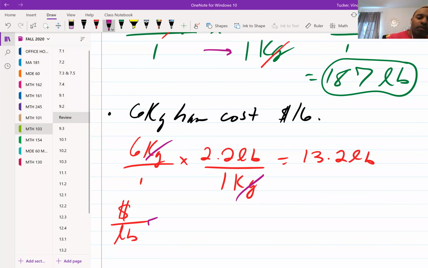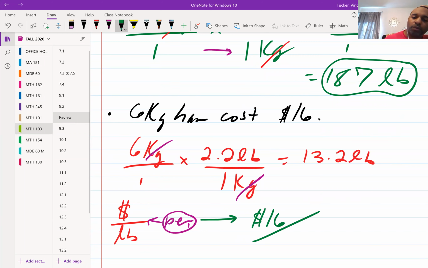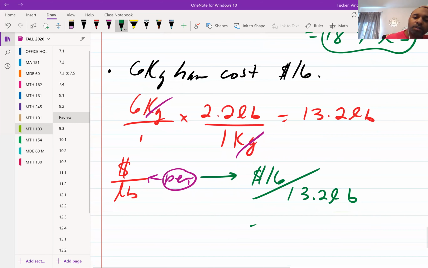That division bar represents per, if you're talking about it word-wise. So I would take the $16 and place it over 13.2 pounds and then divide. So it's 16 divided by 13.2. Since we're in cents, that would be $1.21 per pound.